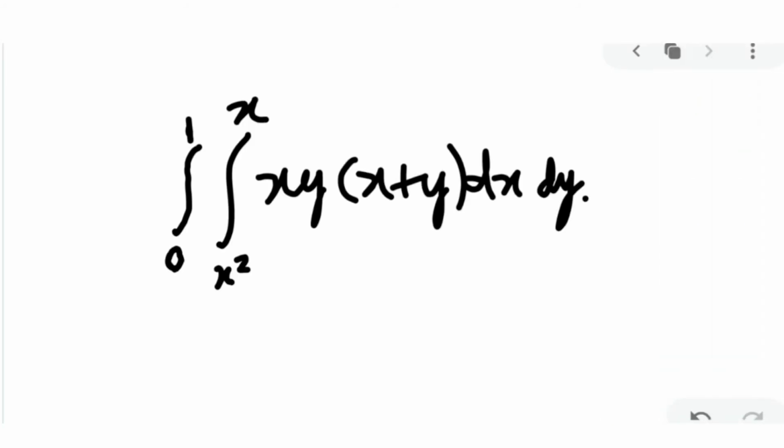So the question was given like this. Now we will be changing the order, and therefore we will be changing the limits here. So I'm erasing the limits.